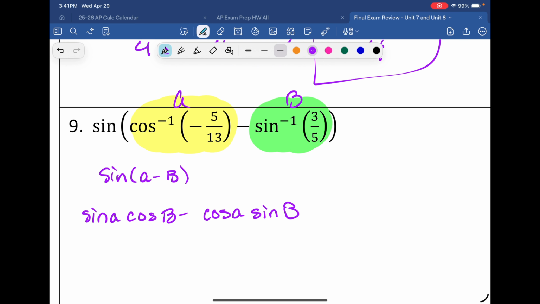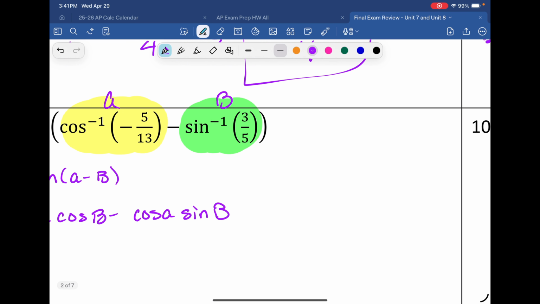So now I need all these pieces. Let's start with the yellow. Inverse cosine of negative 5 over 13, which means the cosine of some angle, I don't know what it is, equals negative 5 over 13. Cosine is x over radius. Let's use alpha for that angle.